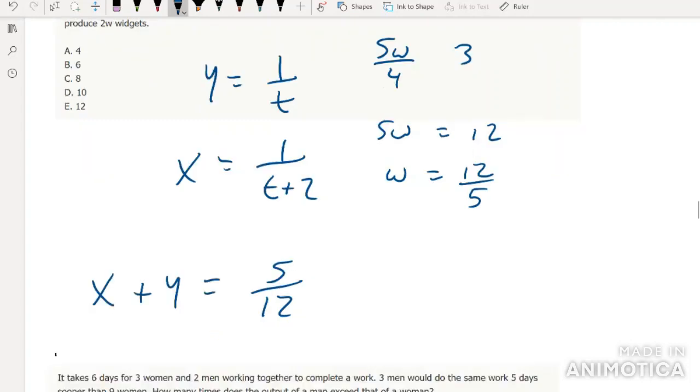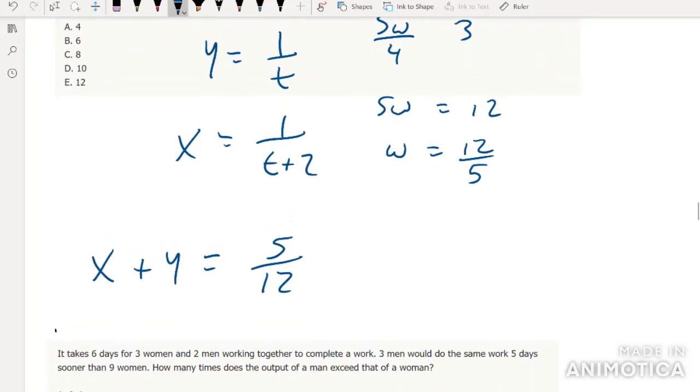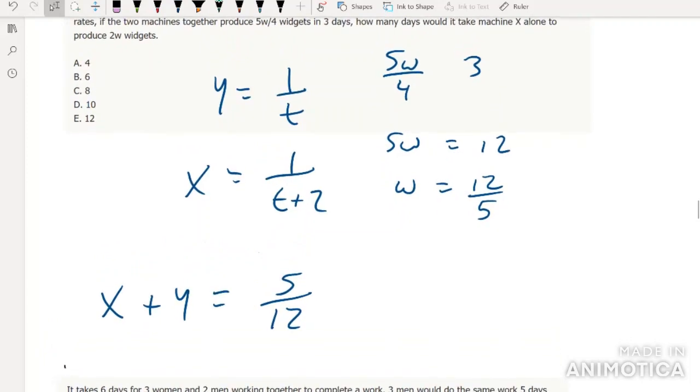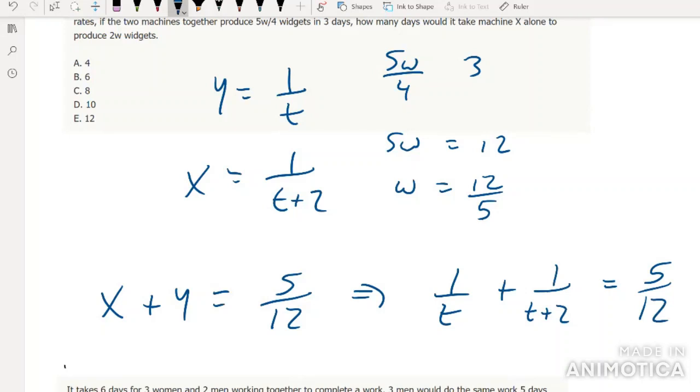Well, what we can do is just find out... this math is nasty. Let's simplify this: 1/T plus 1/(T plus 2) equals 5/12. Now that looks a bit nasty to figure out. Technically it's quadratic, but let's just plug in possible values for T, because if they add up to 12, then there must be a common factor of 12.